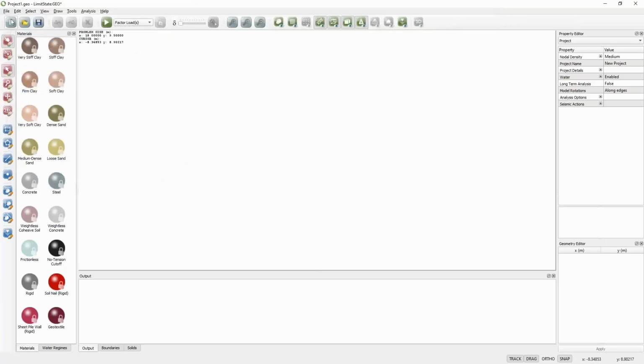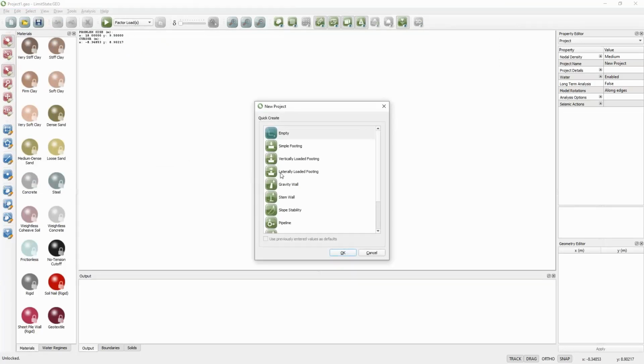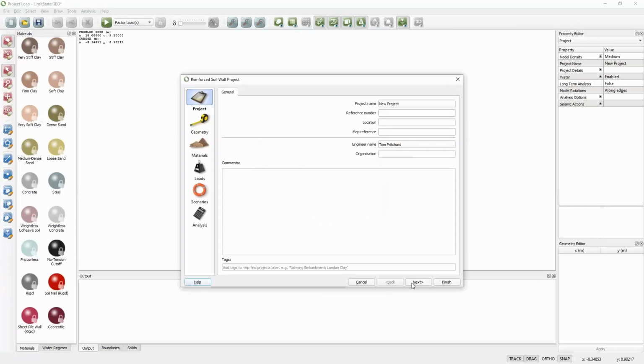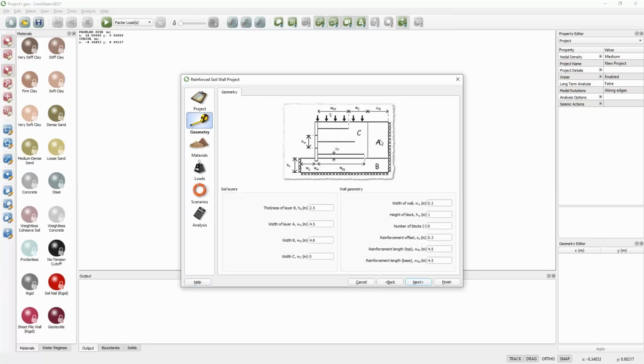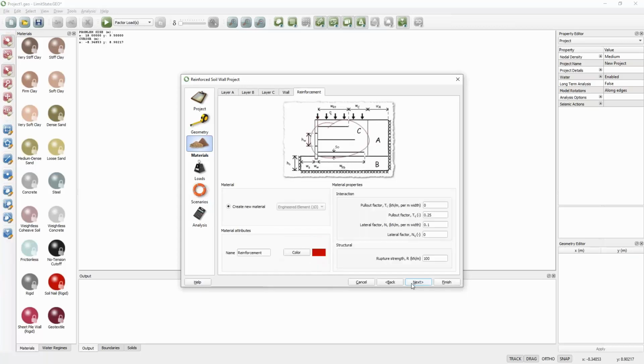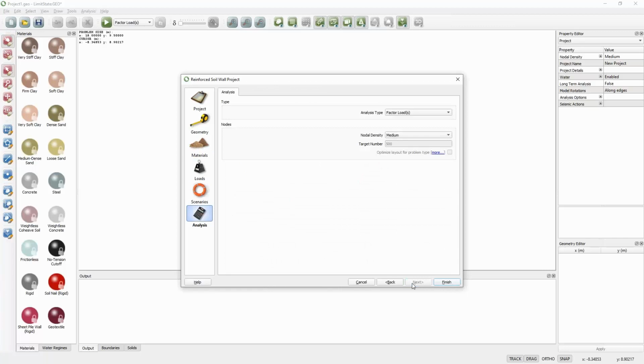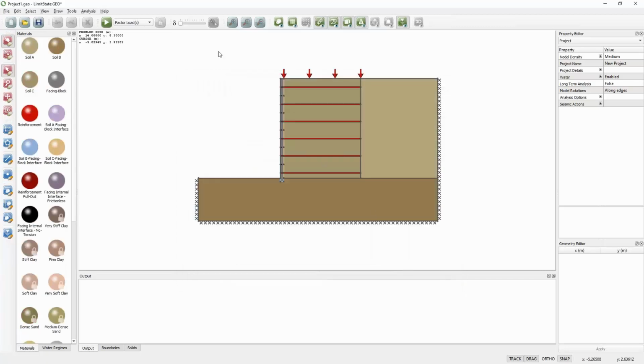We also have a number of wizards for a lot of standard problems built into the software, so you can very rapidly build a conventional geometry. For example, a reinforced soil wall here, we can very rapidly define the geometry through a number of parameters, and it will automatically build a model for you. I won't go through that in great detail, but you essentially add soil properties and geometry properties, various partial factors, and then it draws that geometry for you. So there are various ways of producing that.